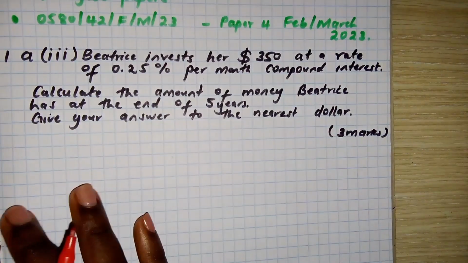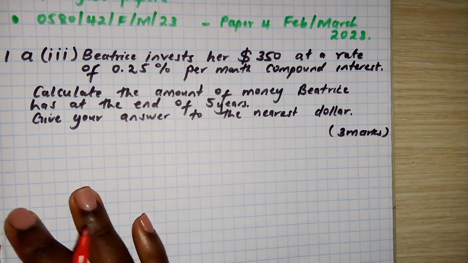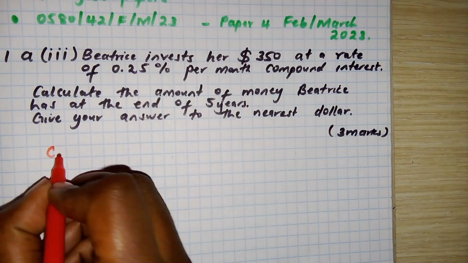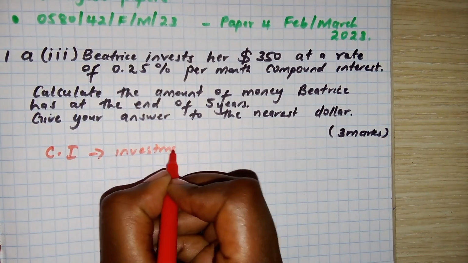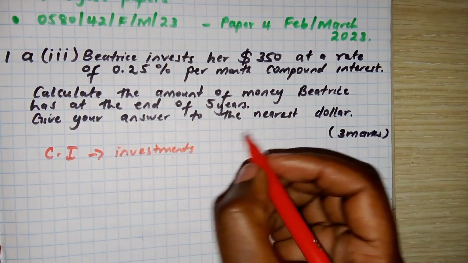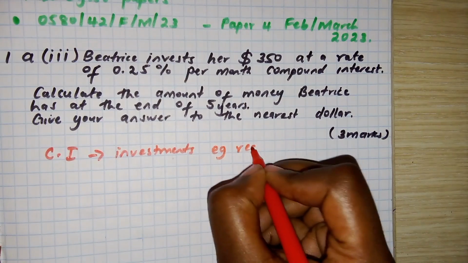Let's look at some of the applications of compound interest in real life. So you can apply compound interest in investments. So let's say you want to invest in maybe real estate.